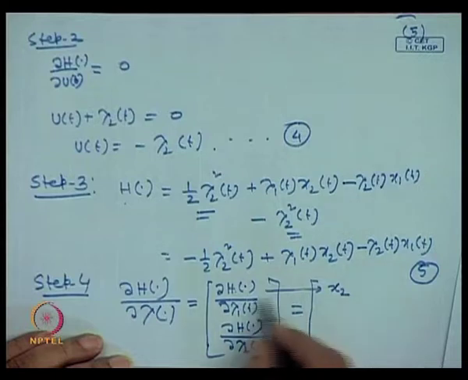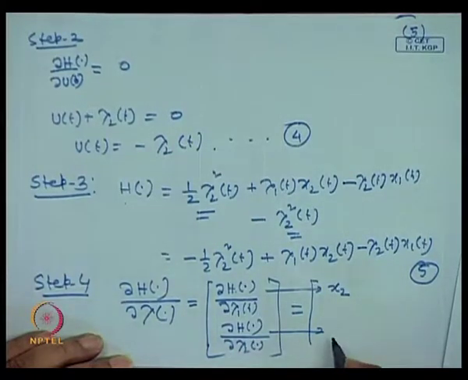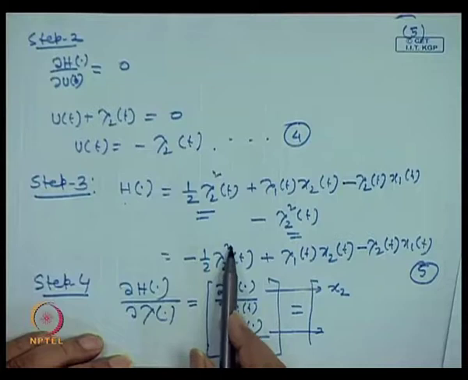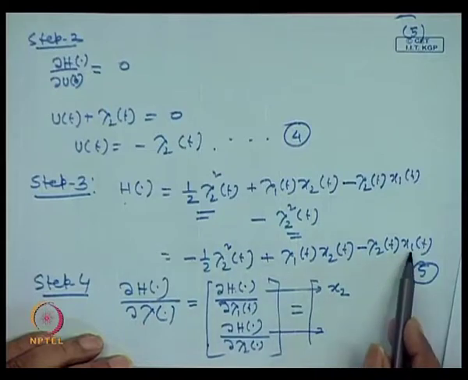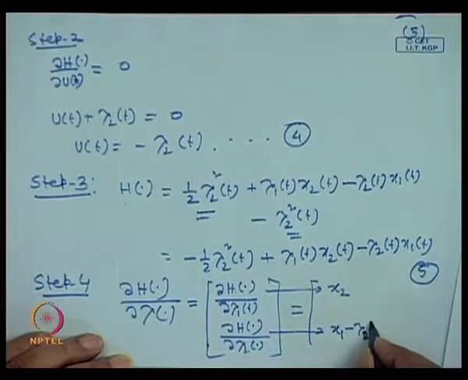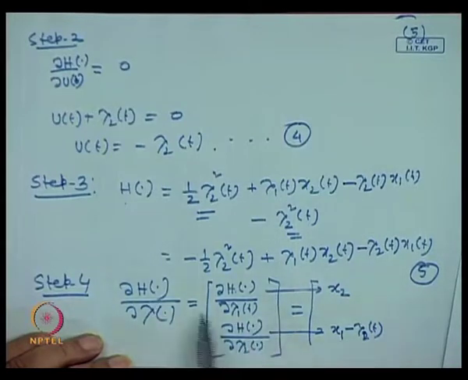And this we differentiate with respect to lambda 2. So, it will be minus lambda 2, twice lambda 2, the 2 cancels, so this will be minus lambda 2, and this will be minus x 1. So, minus x 1 minus lambda 2 of t, this is the value I am getting.